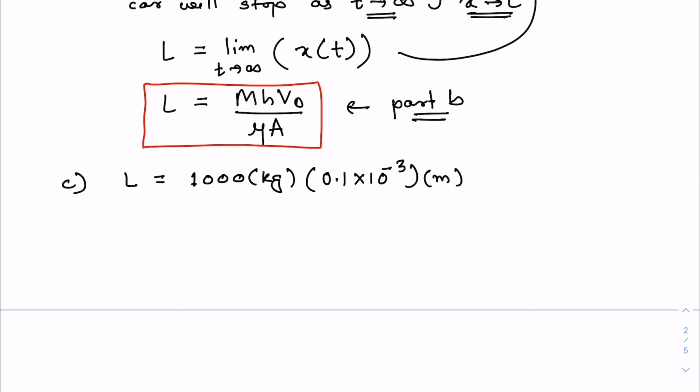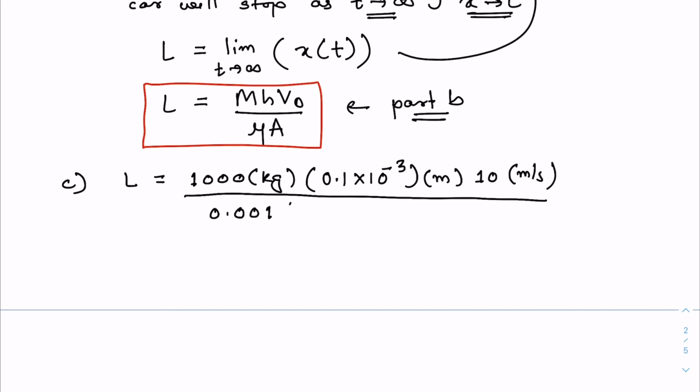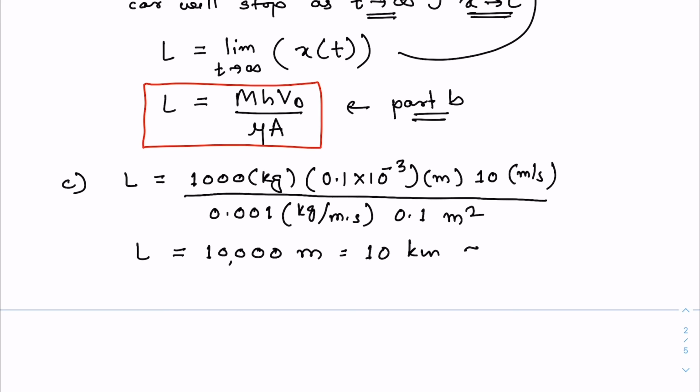V naught is given to be 10 meters per second, divided by the water viscosity, which is given as 0.001 kg per meter second, and the area is also given, it is 0.1 meter squared. If you solve this, you will eventually find that L is 10,000 meters, that is 10 kilometers, or approximately 6.2 miles.